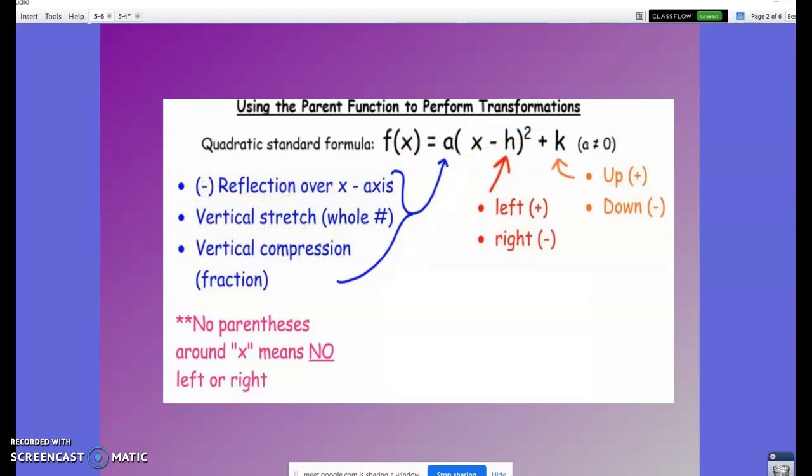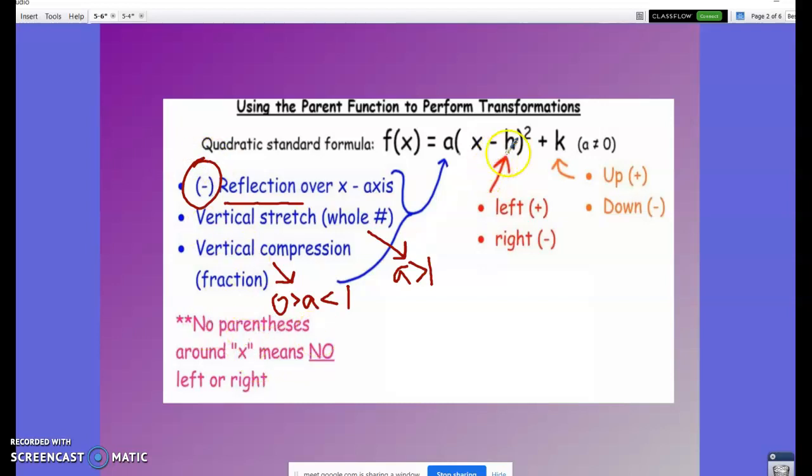If A is any number, even a negative, that is larger than 1, then the graph is going to be a vertical stretch. If the number is a fraction or a number between 0 and 1, then it's going to be a compression. The reflection comes only if you have a negative value in front of the A.